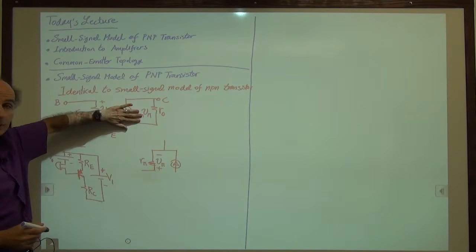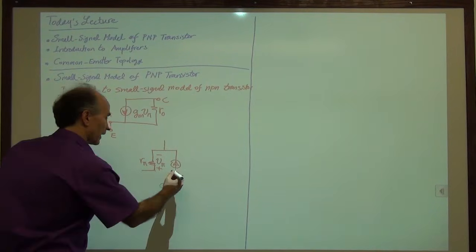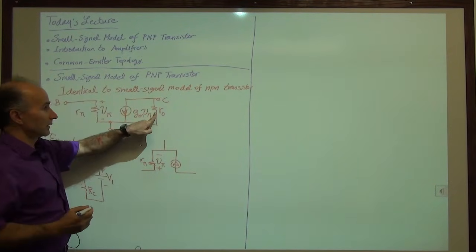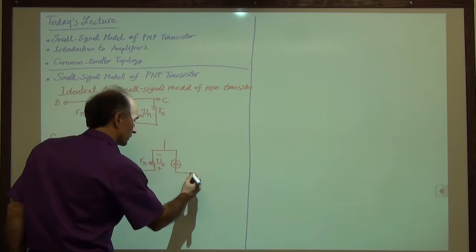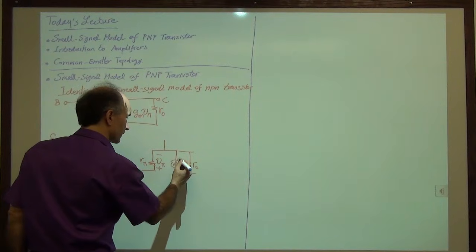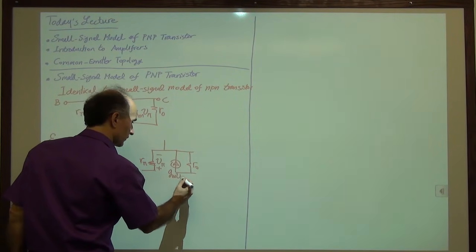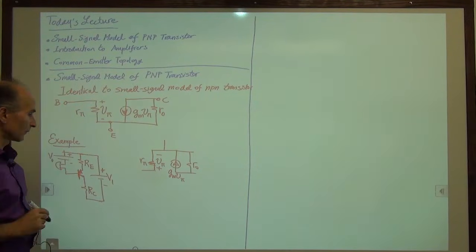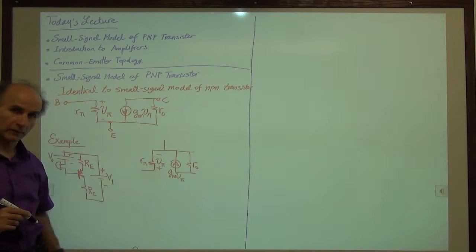Again, in your mind, just turn this upside down. Okay, and finally, we have the output resistance between collector and emitter. And of course, the value of the current source is gm V pi. I just write it down here. Okay, so we mapped the PNP transistor to its small signal model.